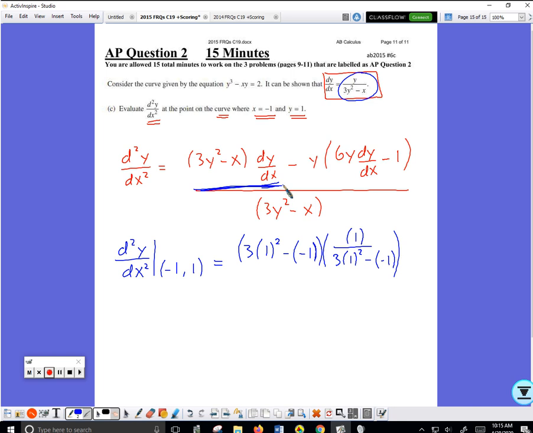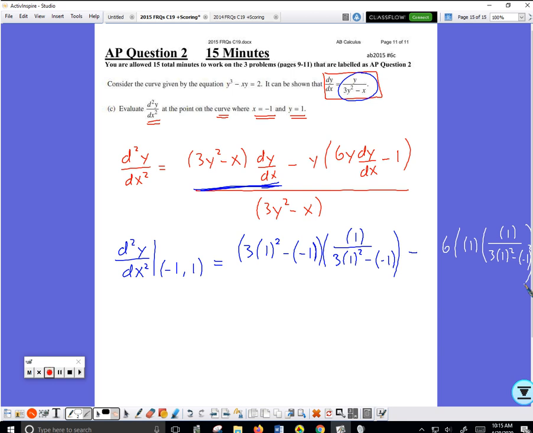And then I'm going to have to change color because I wrote too big, but that would be minus. And then we have 6, parenthesis, small parenthesis. Now we have to have another dy dx. So that's a parenthesis there. And we have the 1 over 3 times 1 squared minus -1 squared, close parenthesis.